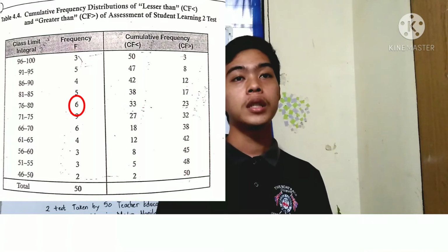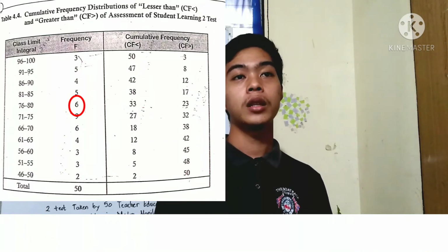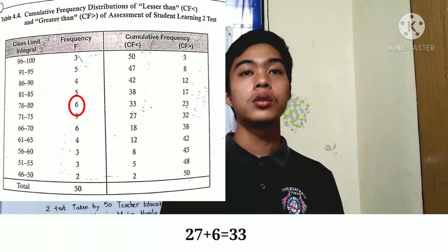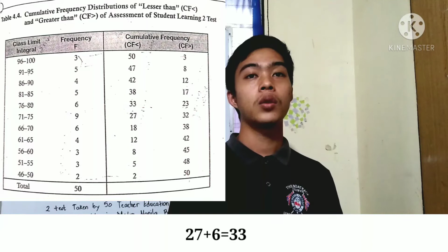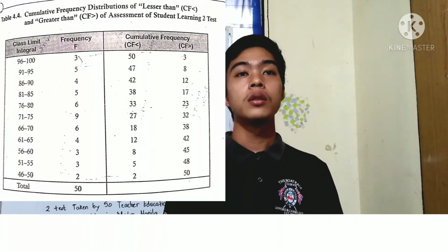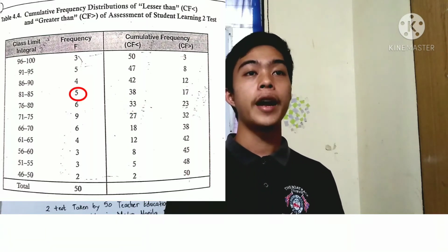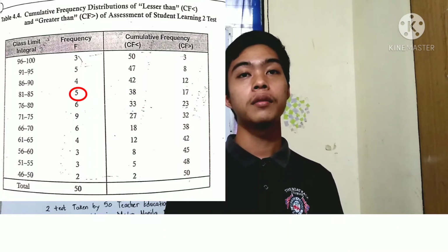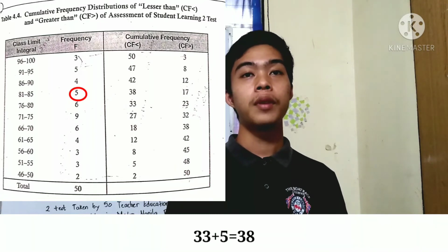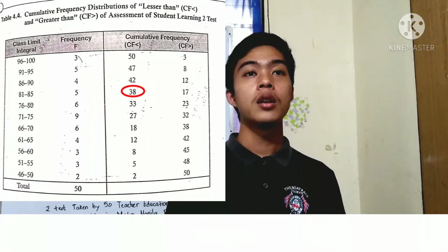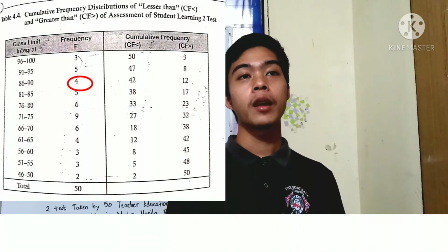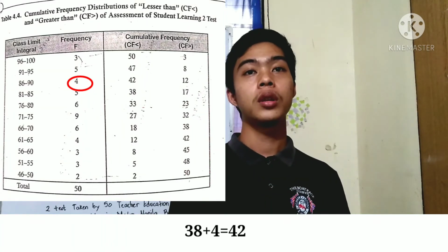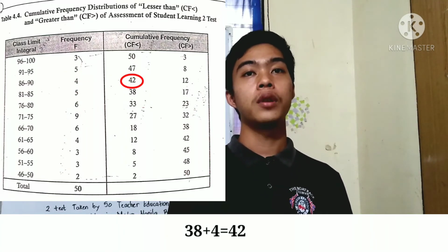For the frequency of 6 in the class limit 76 to 80, you will just add 6. So 27 plus 6 equals 33. For the frequency of 5 in the class limit 81 to 85, you will just add 5. So 33 plus 5 equals 38. For the frequency of 4 in the class limit 86 to 90, you will just add 4. So 38 plus 4 equals 42.